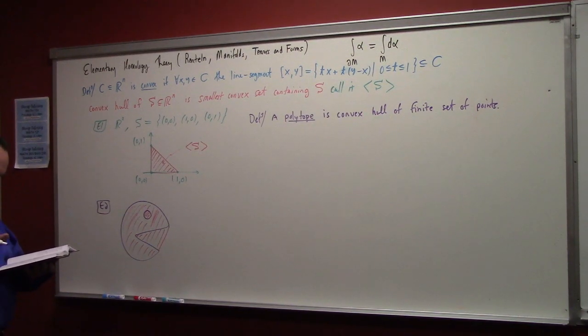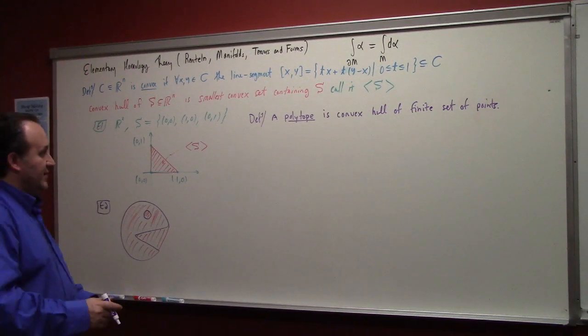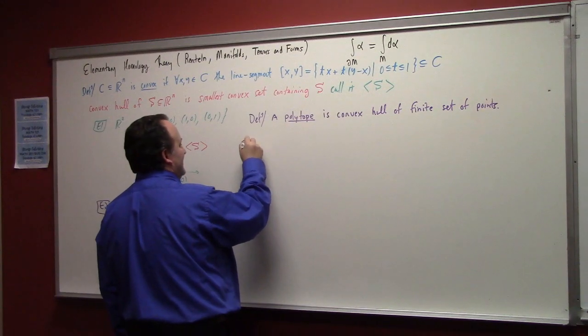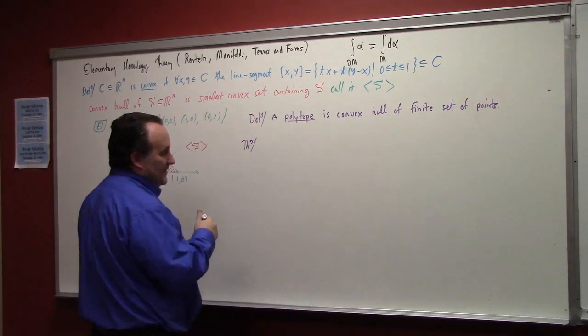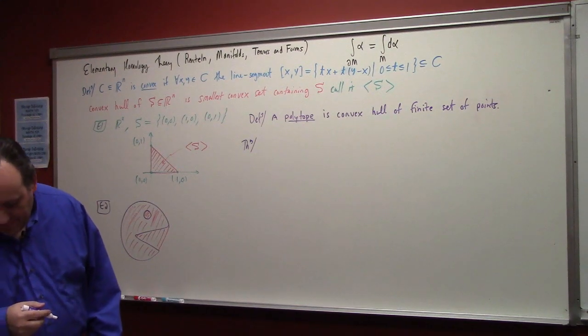Here's a finite set of points, and we take a particular convex combination of those. So this exercise might be worth proving. Let's state it as a theorem. I will state exercise 5.1 as a theorem.